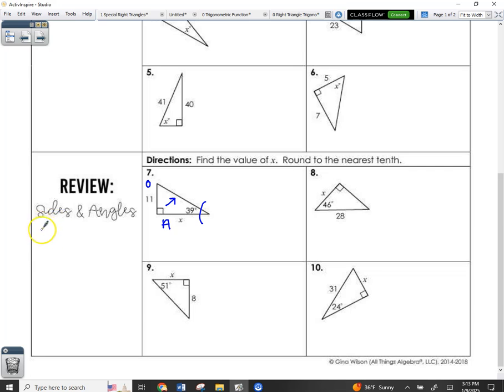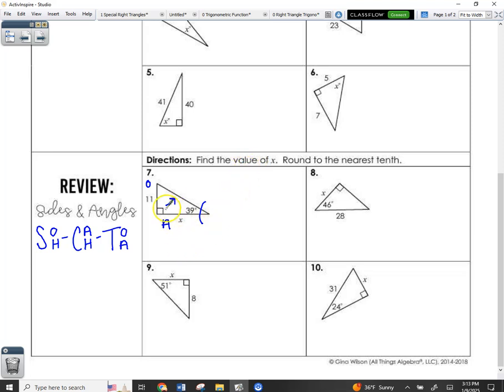Let's write our trig functions over here. Sine, opposite over hypotenuse. Cosine is adjacent over hypotenuse. Tangent, opposite over adjacent.